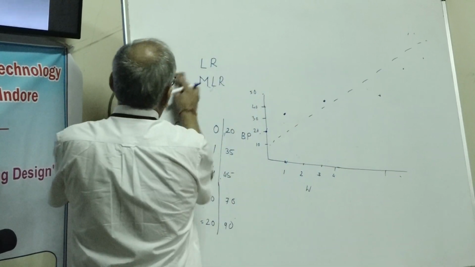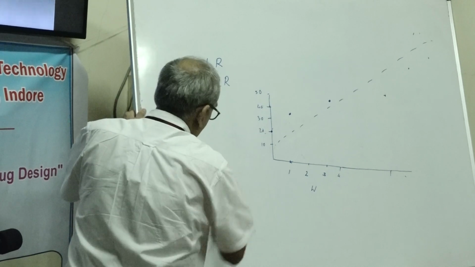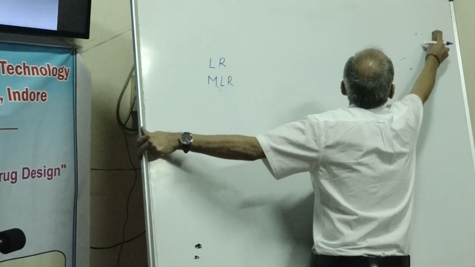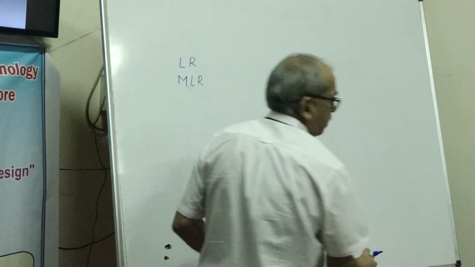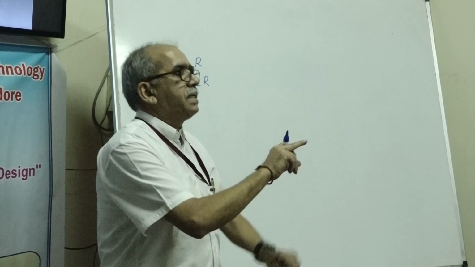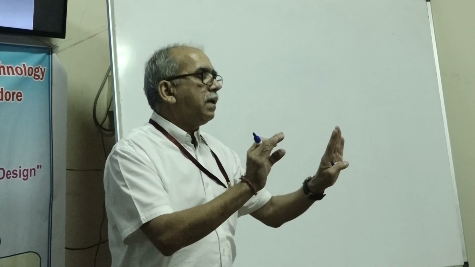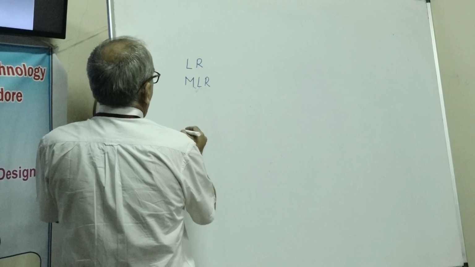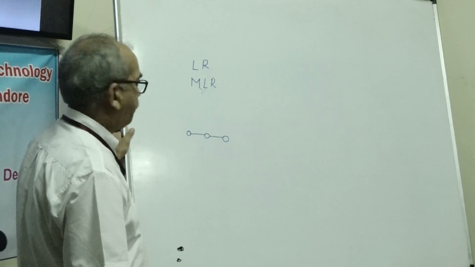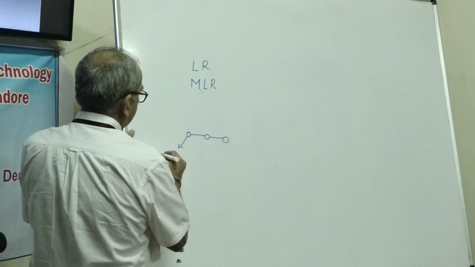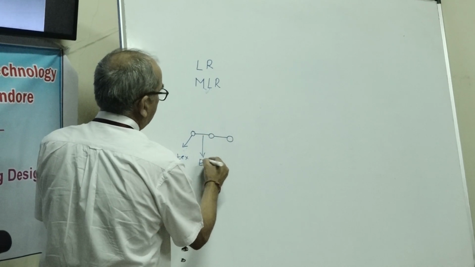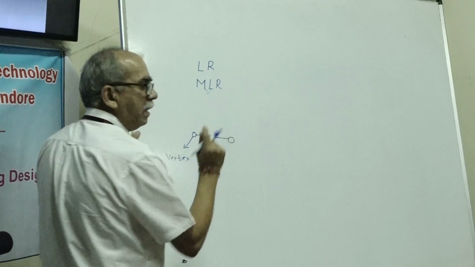Okay, now you know that yesterday what we calculated was the Wiener index, and that was a connectivity index. It was showing the distances between various atoms. Here we call this a vertex, and this is an edge.